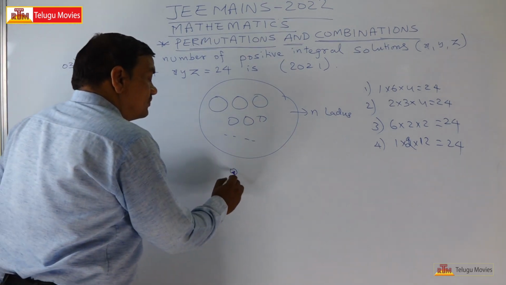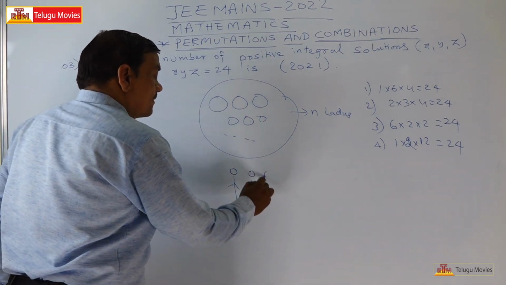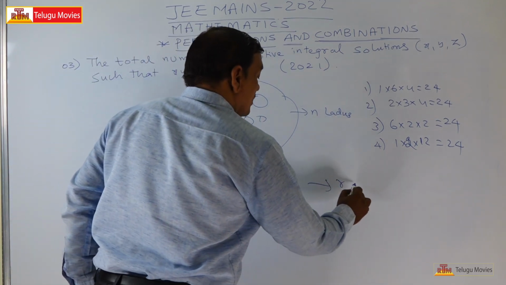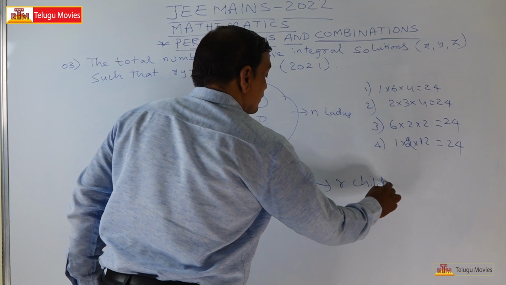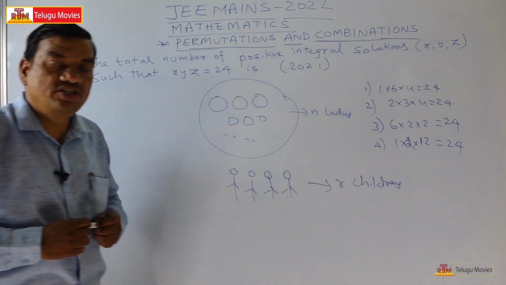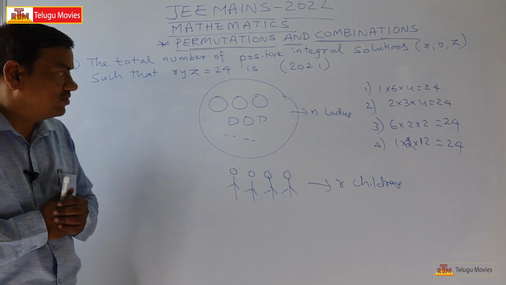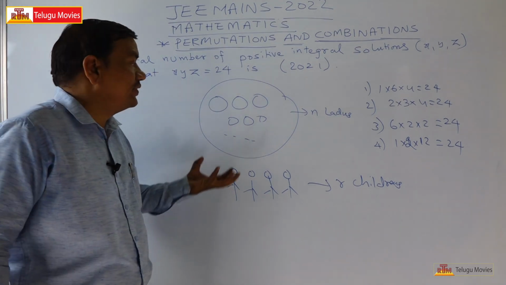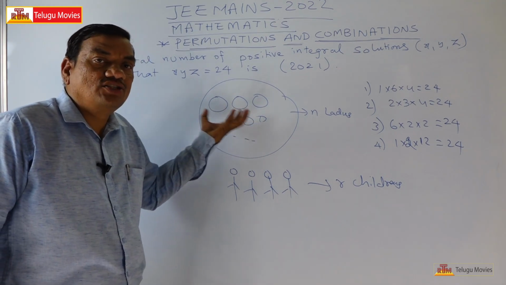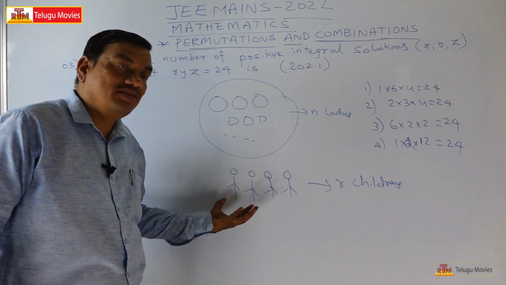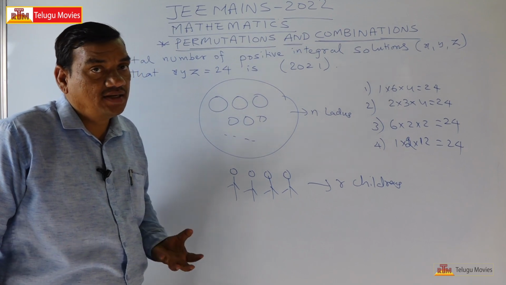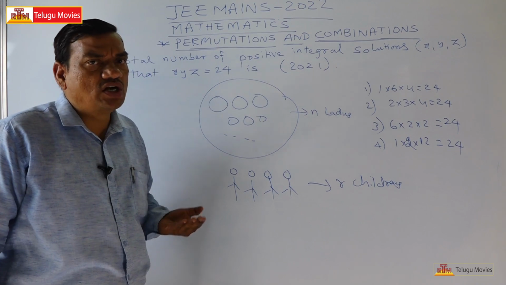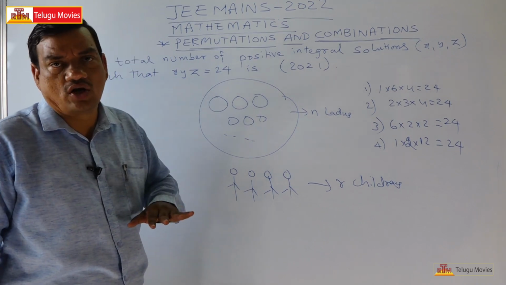So here there are r students, r children. How many ways can you distribute these n chocolates or n laddus to these r children, where a student may get a chocolate or may not get a chocolate?